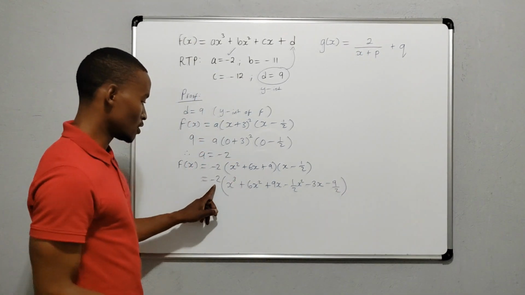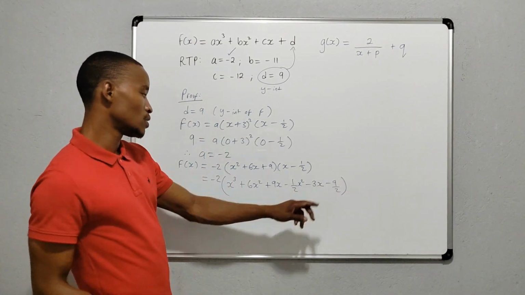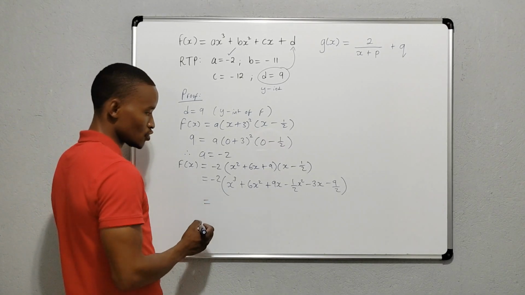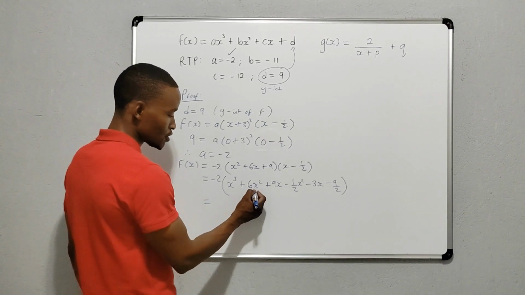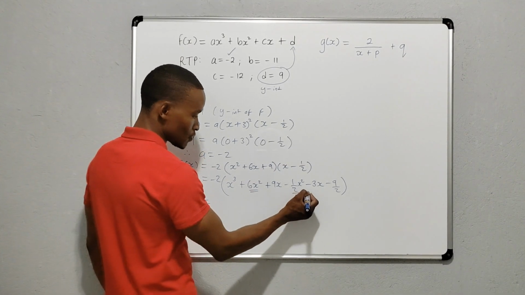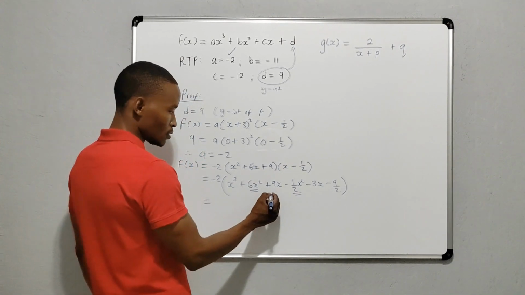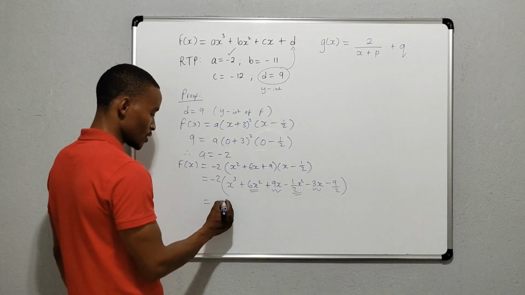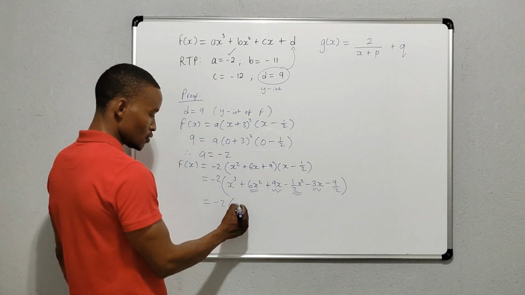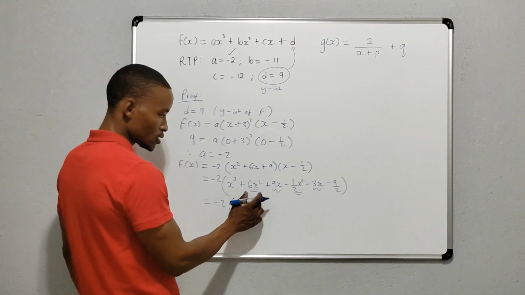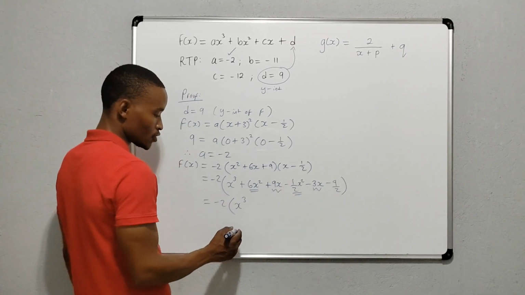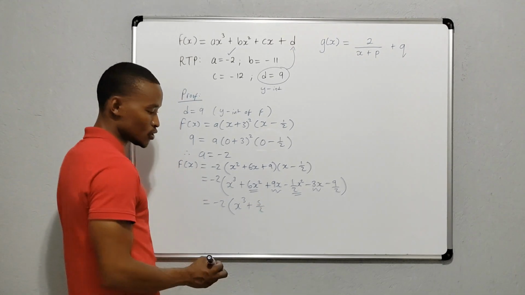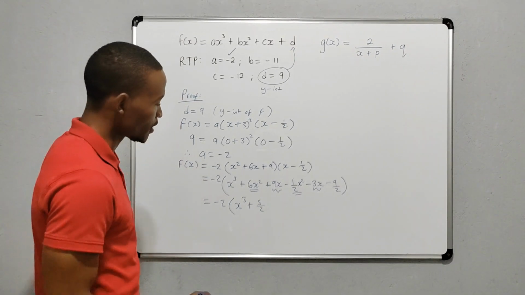Okay, we need to distribute the 2 now into the brackets, and if we do so, or we can collect the like terms, that's fine. Let's start with that. And what else? This guy and that guy. Okay, so negative 2 times x cubed, 6 minus 1 over 2 gives you 5 and a half, right?